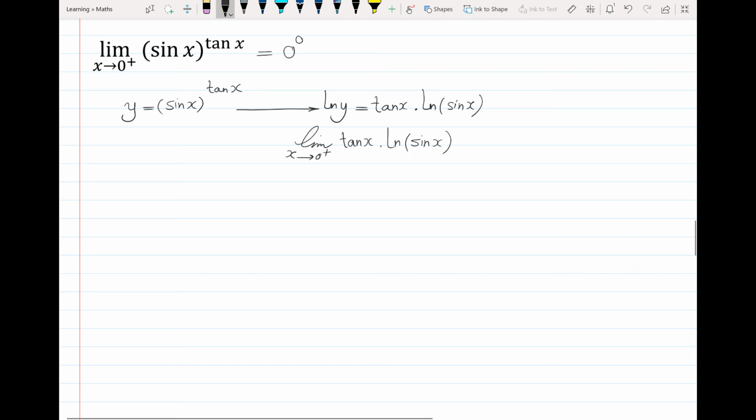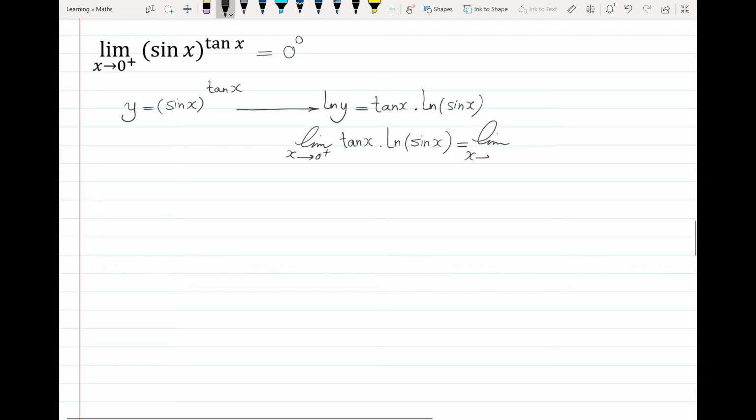To find this limit with L'Hopital's rule, we have to move one of the expressions, tangent of x or ln of sine of x, to the denominator to make it a fraction, and then we can use L'Hopital's rule. Usually we don't move ln to the denominator, so we keep ln of sine of x on top and we move tangent of x to the denominator.